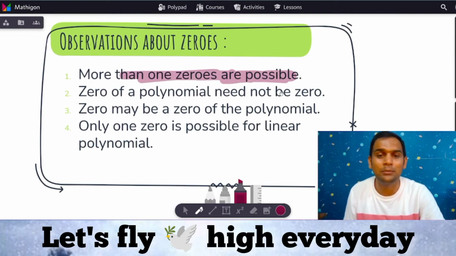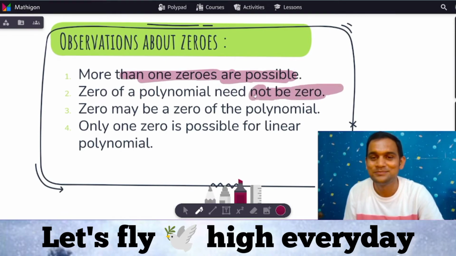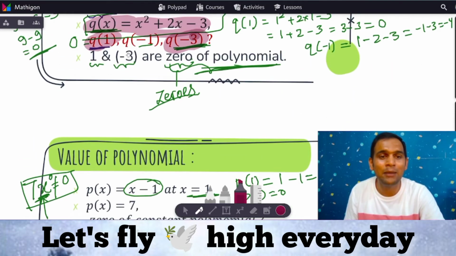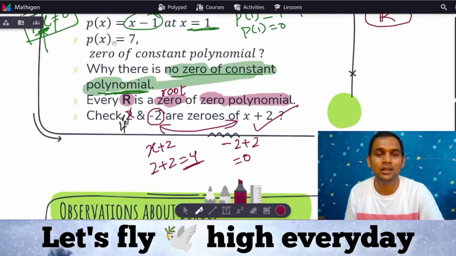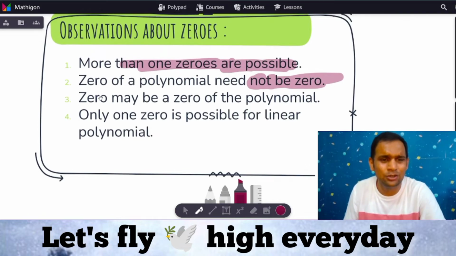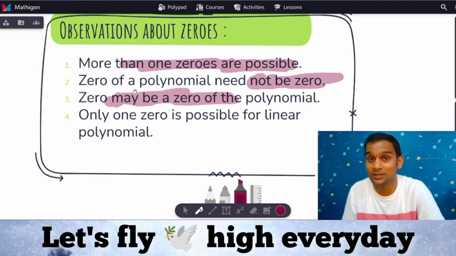The zero of a polynomial need not be 0. Yes or no? Over here, we got 1 and minus 3 as zeros of the polynomial. So it could be 0, but it is not a compulsion. So the zero of a polynomial need not be 0. Obviously, 0 may be a zero of the polynomial.